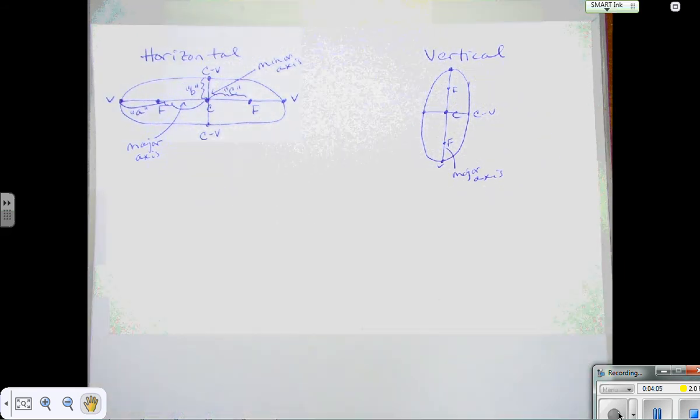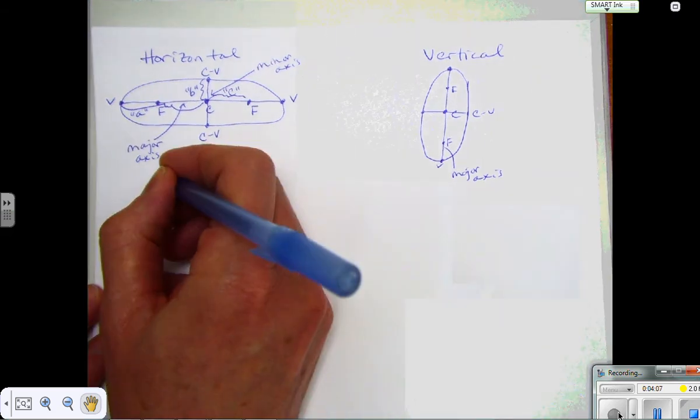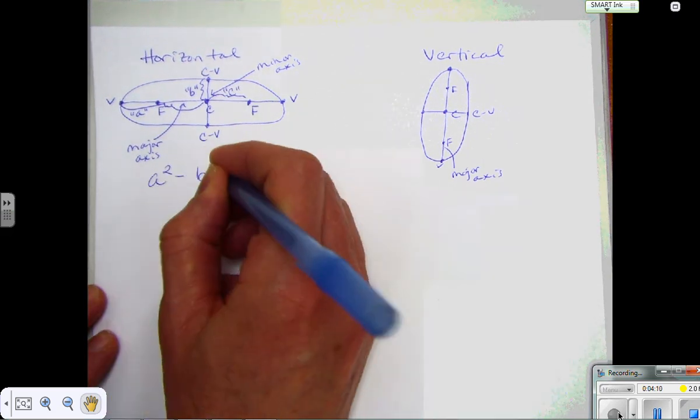They have an equation that relates all of them together. And that is A squared minus B squared equals C squared.